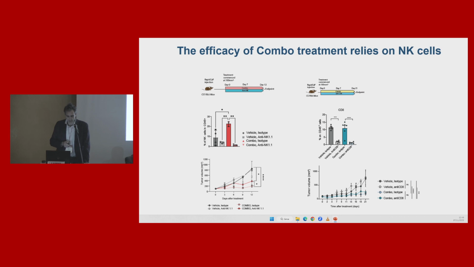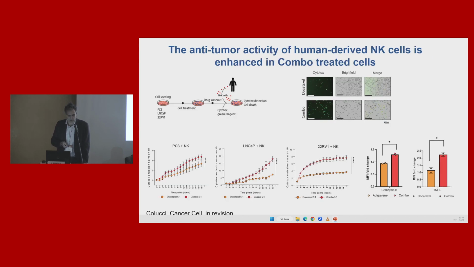So if we remove NK cells in mice treated with the combination, we actually blunt the tumor-suppressive role of this combination of compounds, thereby showing that activated NK cells are very important for this, but not if we essentially remove T cells.